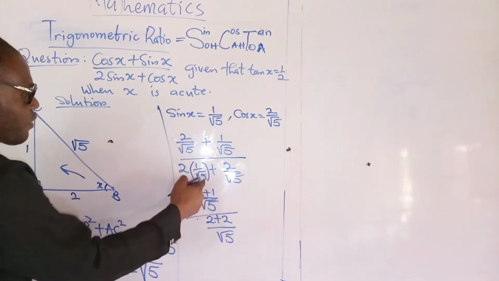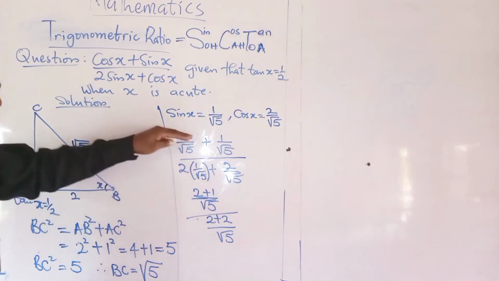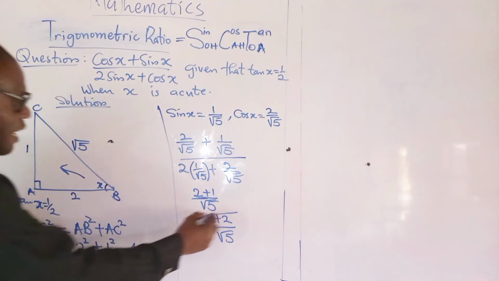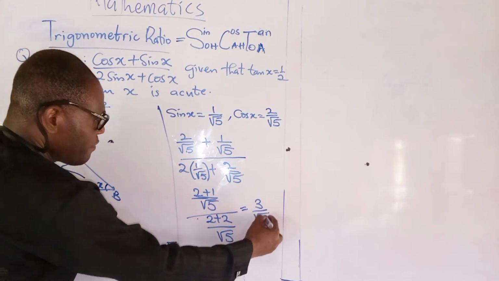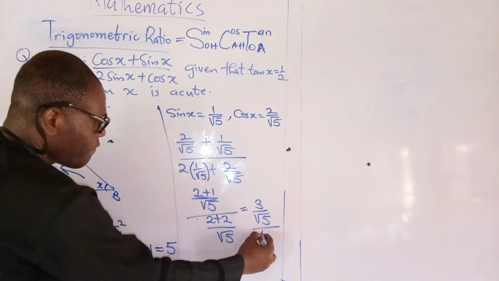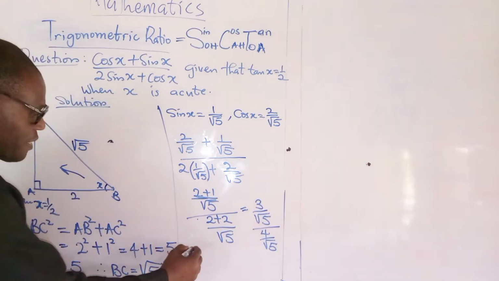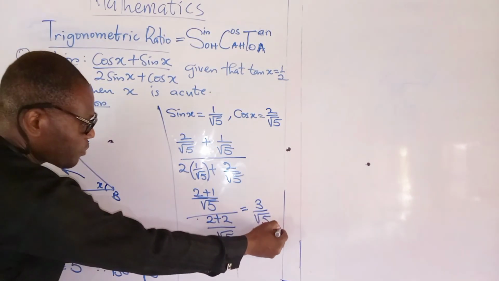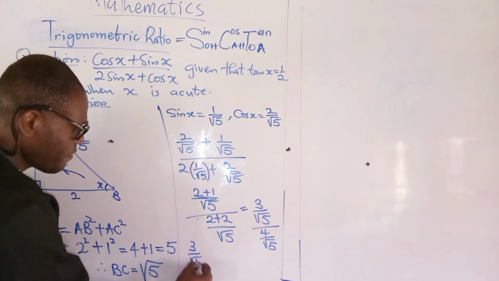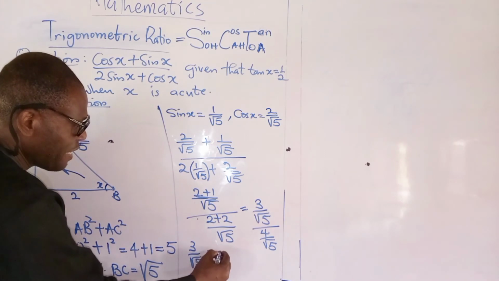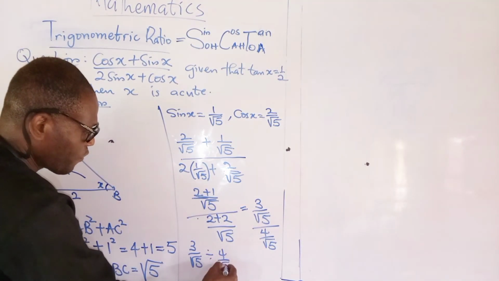So we have 3 divided by square root of 5 in the numerator, and in the denominator, 4 divided by square root of 5. Here, following the primary school rule, we have 3 divided by square root of 5, divided by 4 divided by square root of 5.